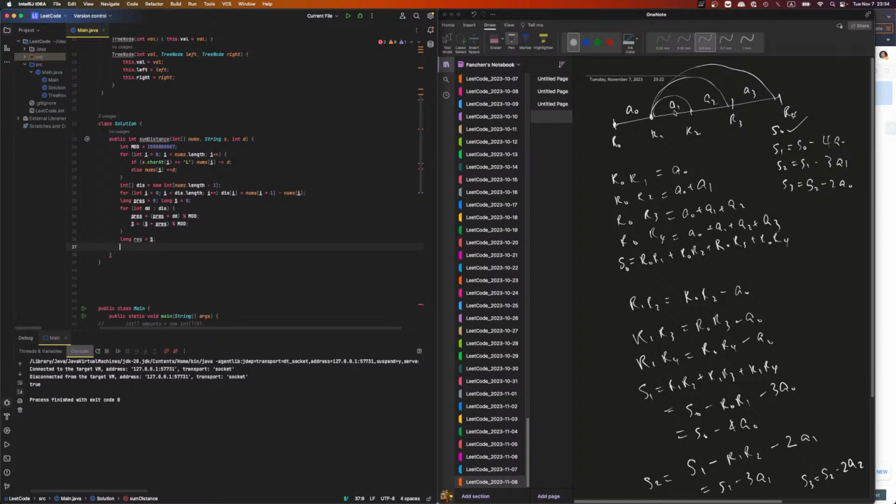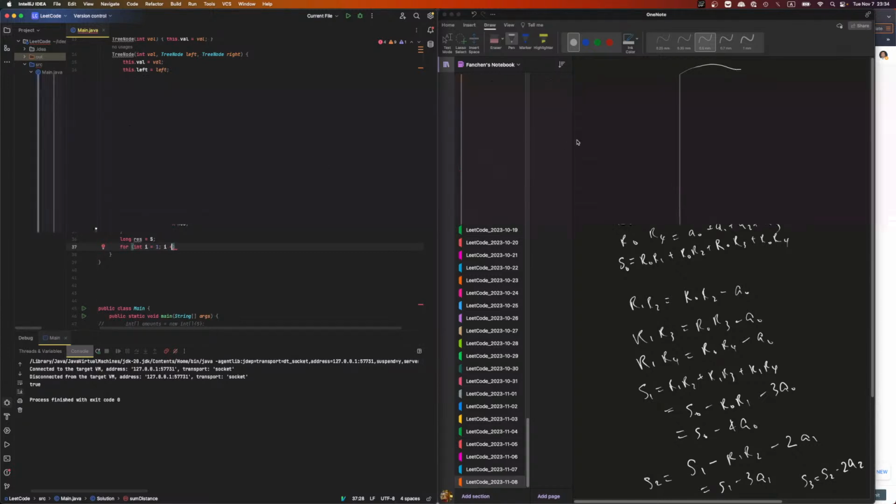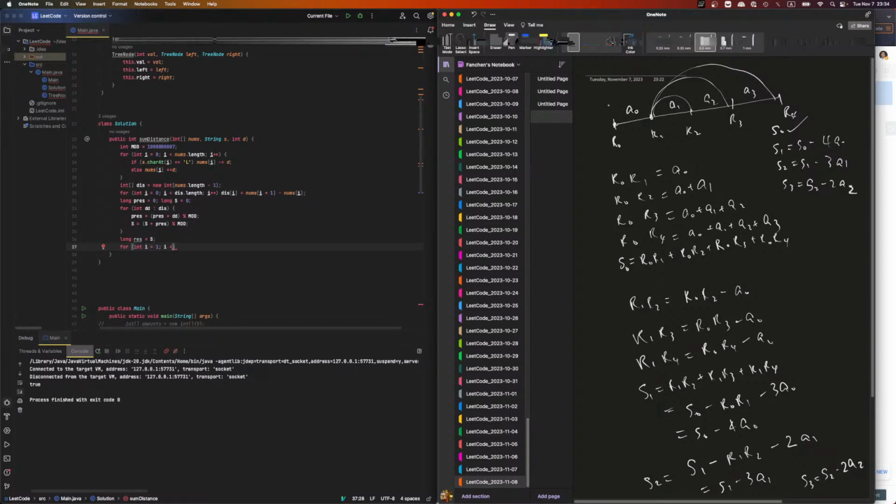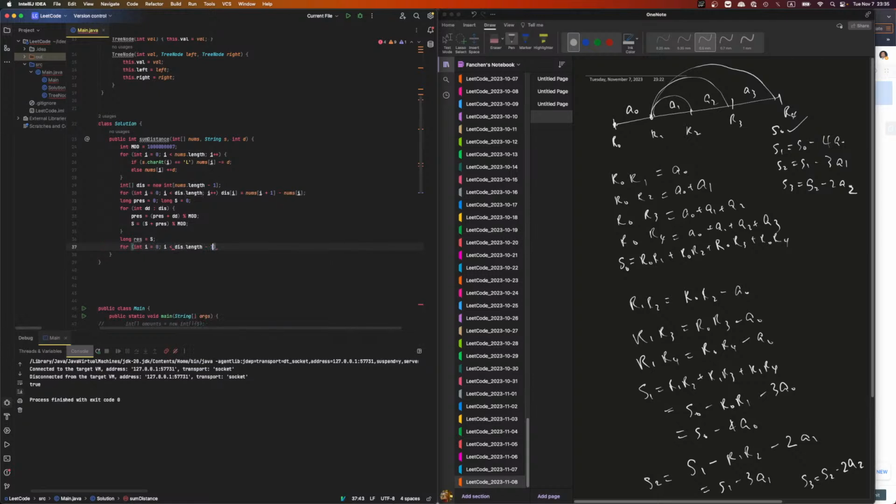For int i, it will start from 0 all the way down to this dot length minus 1, i plus plus. So we don't go to the last one, right?